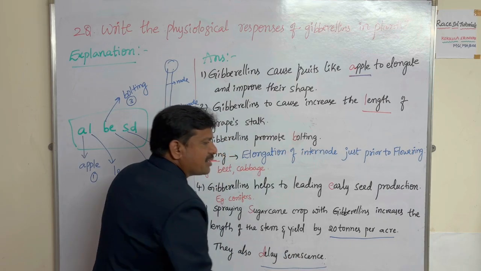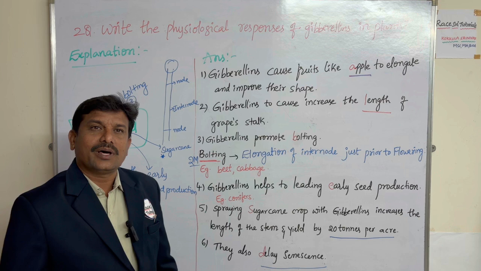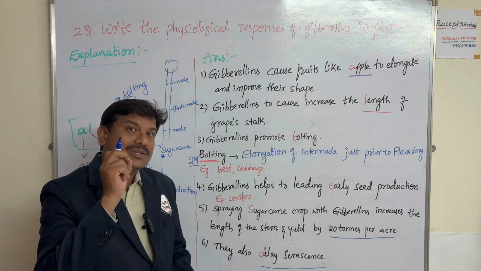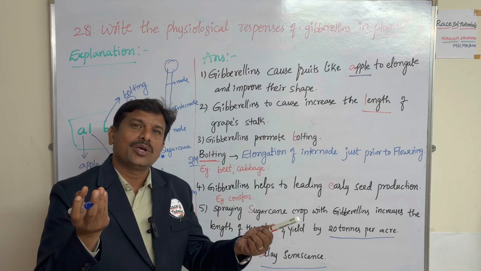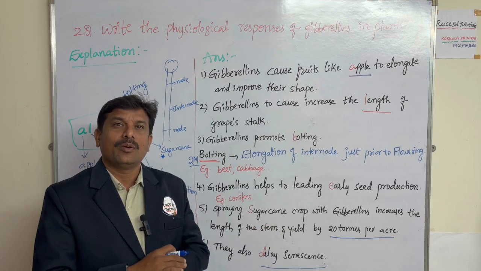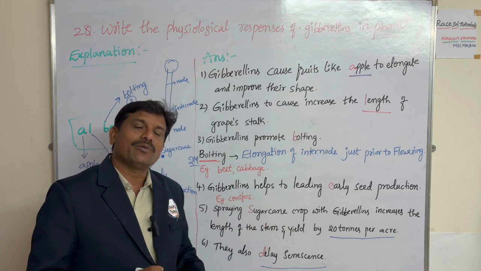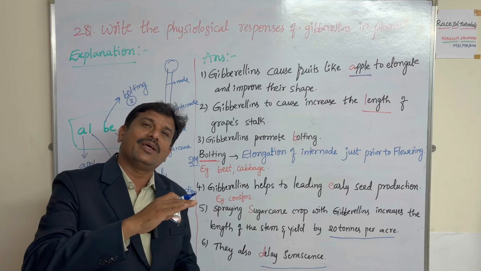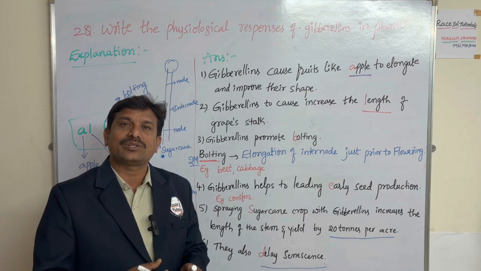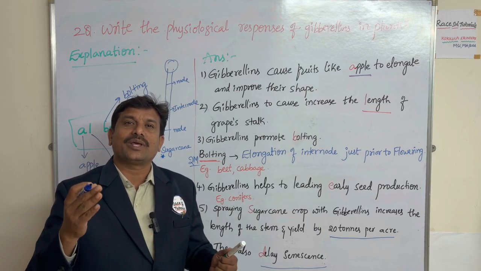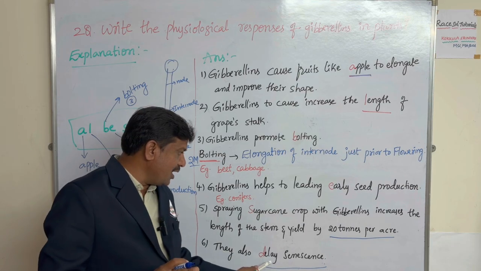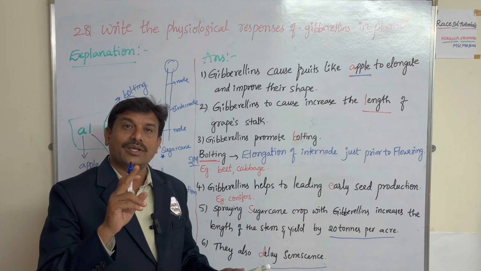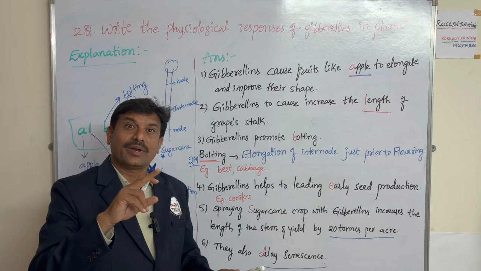And the sixth one is what? Delay of senescence. What does senescence mean, sir? If leaves are green, they are showing photosynthesis. But senescence means old age: green leaves change to yellowish color. Delay of senescence means the leaves don't change from green to yellowish.